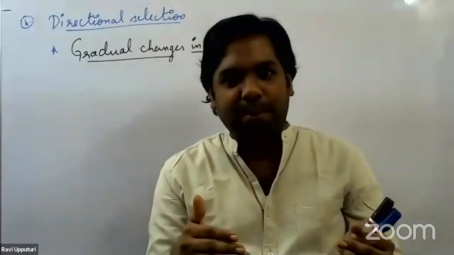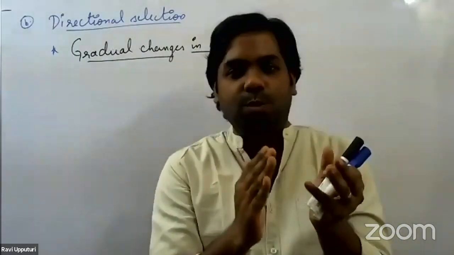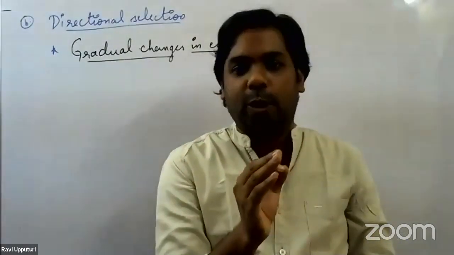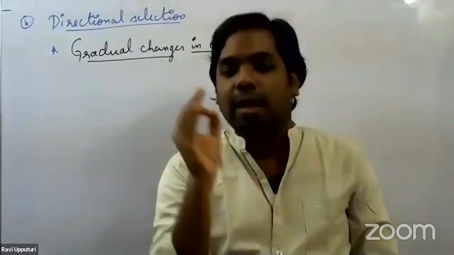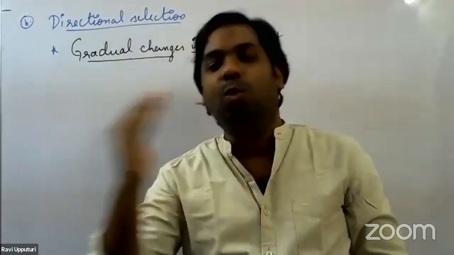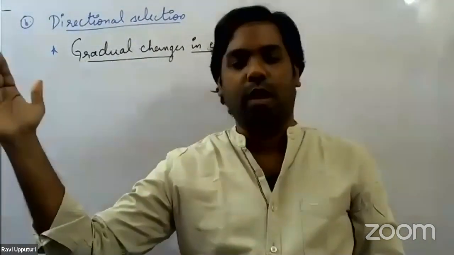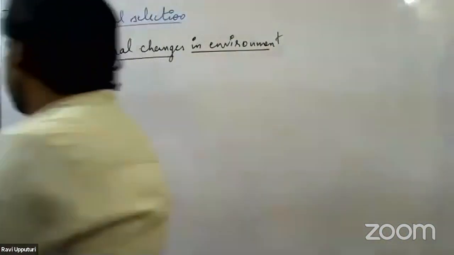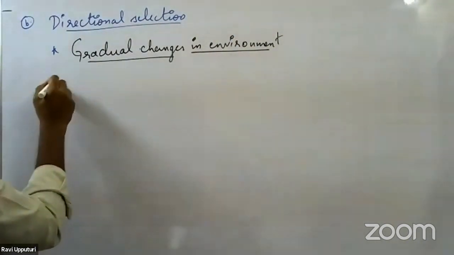As a result, the mean value, that is the average phenotypic value, will continuously be shifted towards the other end of the phenotypic distribution. Just make a note of it, then we'll get into the explanation part.